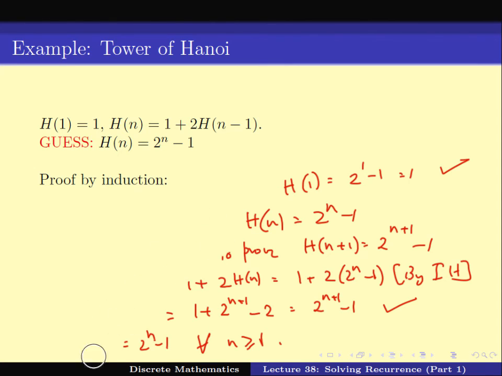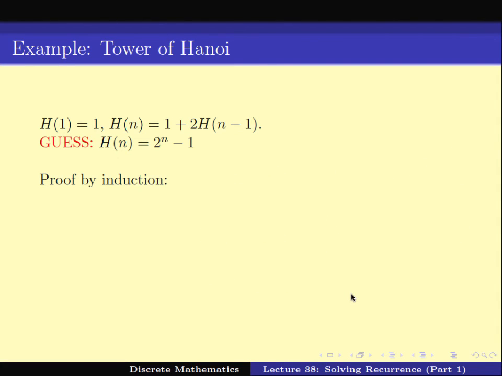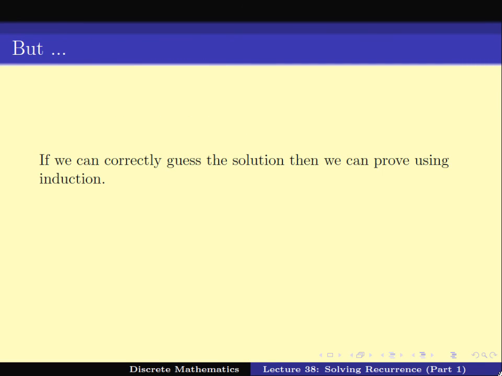So this is how most of the counting problems work. You first model it as a recurrence relation and then you solve the recurrence relation. But all this is fine if you can guess the solution correctly. You first guess it and then prove it using induction.